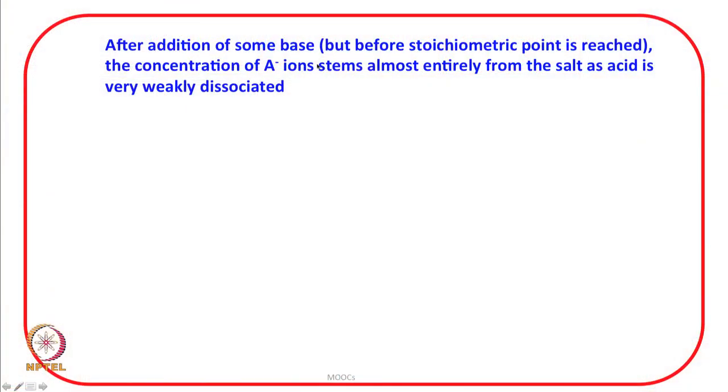So, after addition of some base, that is, before the stoichiometric point is reached, the concentration of A minus ions will come almost entirely from the salt, as the acid is very weakly dissociated. So HA gives A minus ion, and this A minus ion stems almost entirely from the salt which is formed as a product.